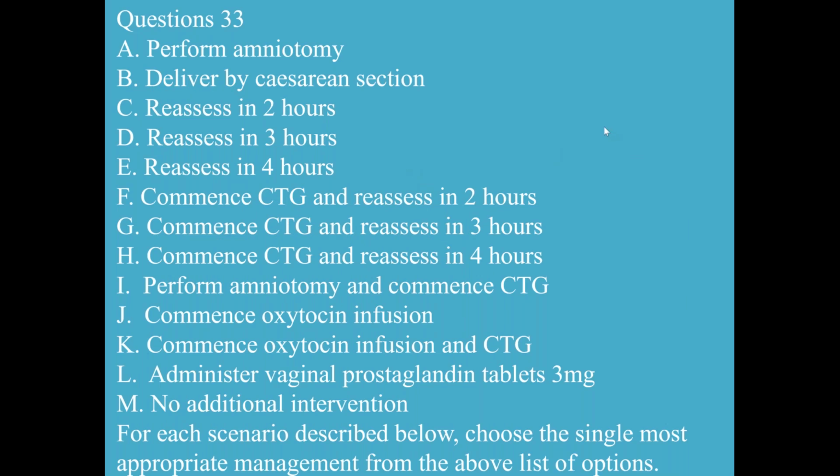If you have suspected delay, if you do a VE at 4 hours and you find the dilatation is less than 2 centimeters, this is suspected delay. Agree with me? After suspecting, you have 2 steps: either consider amniotomy or do VE.